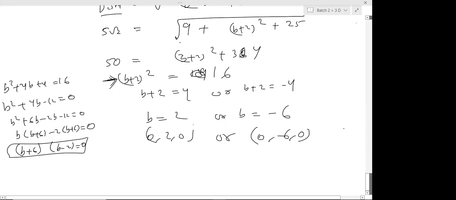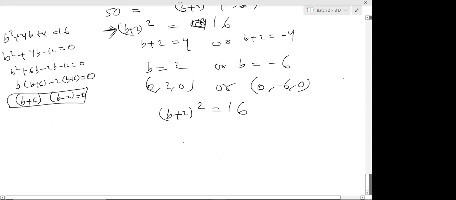This is one method to solve. Another method that I did is, see, if you have (b plus 2) whole square equal to 16, if I take under root both sides, we'll have mod of (b plus 2) equals 4. Square root of (b plus 2) whole square equals square root of 16. This will give us mod (b plus 2) and this will give us 4.